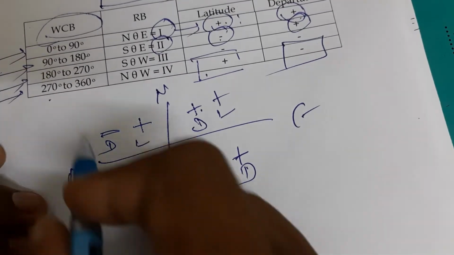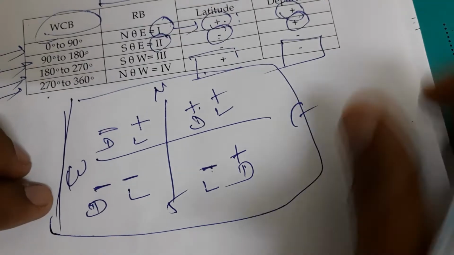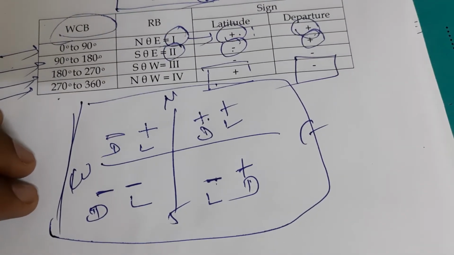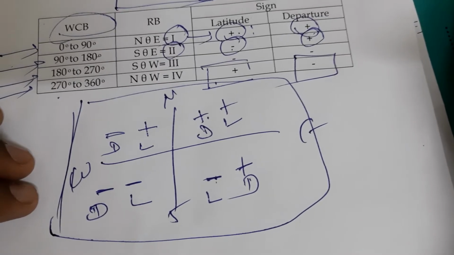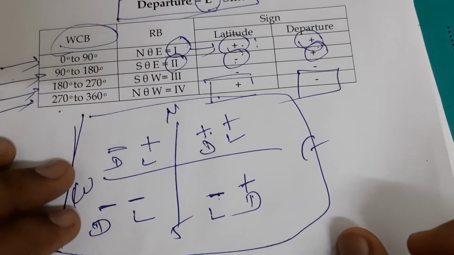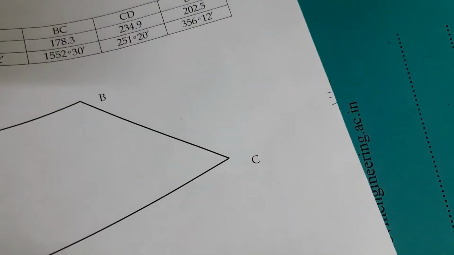When you calculate, you need to keep these basics clear in mind, so that when you solve examples you understand when to put a minus or negative sign. Now we solve an example based on departure and the given bearing.